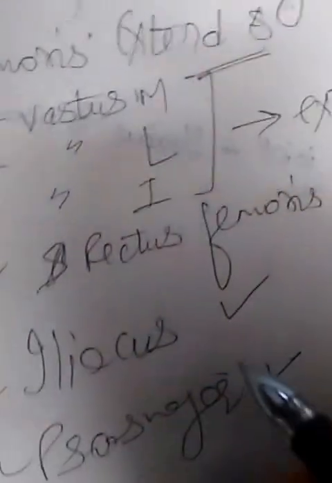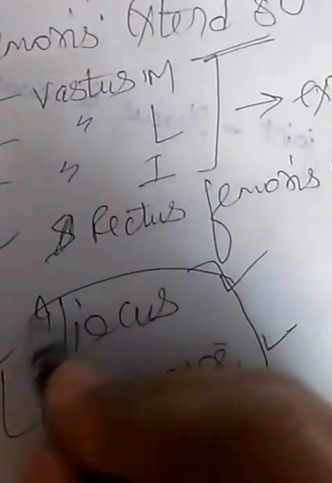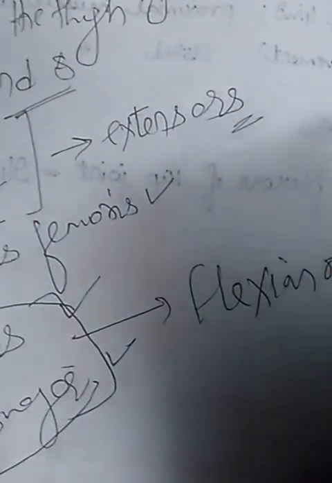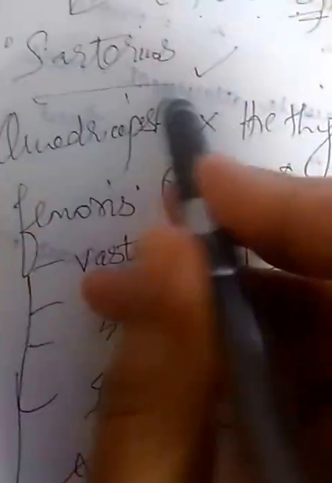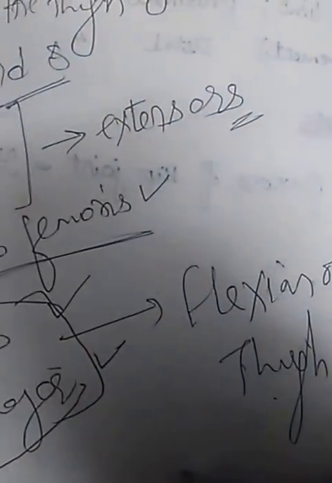I say iliacus and psoas major are the major flexors because their only action is flexion of thigh at hip joint, whereas the rectus femoris as well as the sartorius flex the thigh at hip joint and also extend the leg. But the vasti muscles are only the extensors of leg.